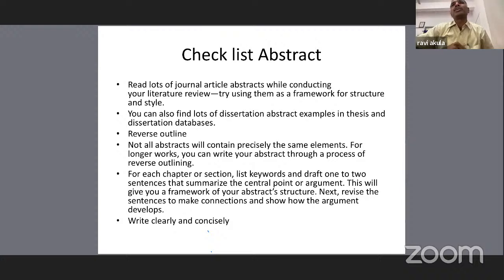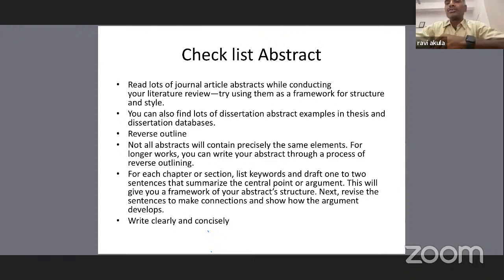You can also find lots of dissertation abstract examples in thesis and dissertation databases. So they will contain different elements depending on the paper. Sometimes the papers may be different based on the requirements, the objectives, and the resources available to the researcher.